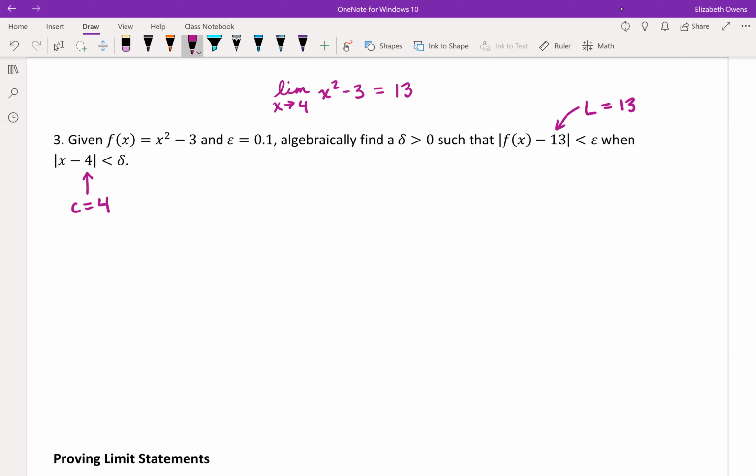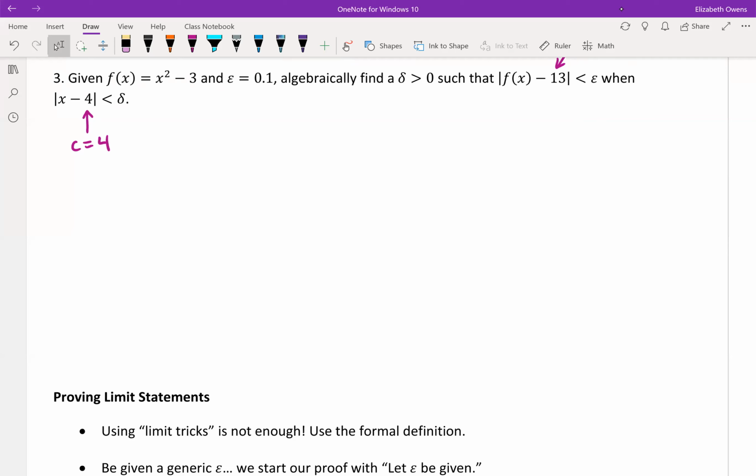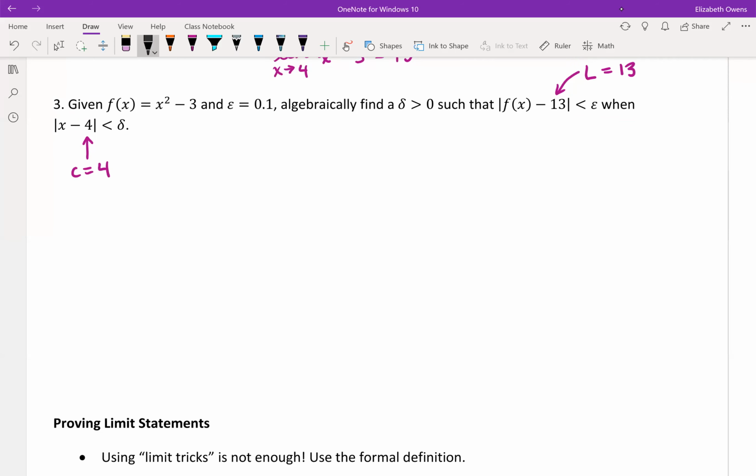And so yes, that is our L value, that's our limit. All right, so we want to find a delta that goes with this epsilon value, but we're not going to use a graph. We are going to start with this side of the definition, this absolute value of f of x minus L less than epsilon.